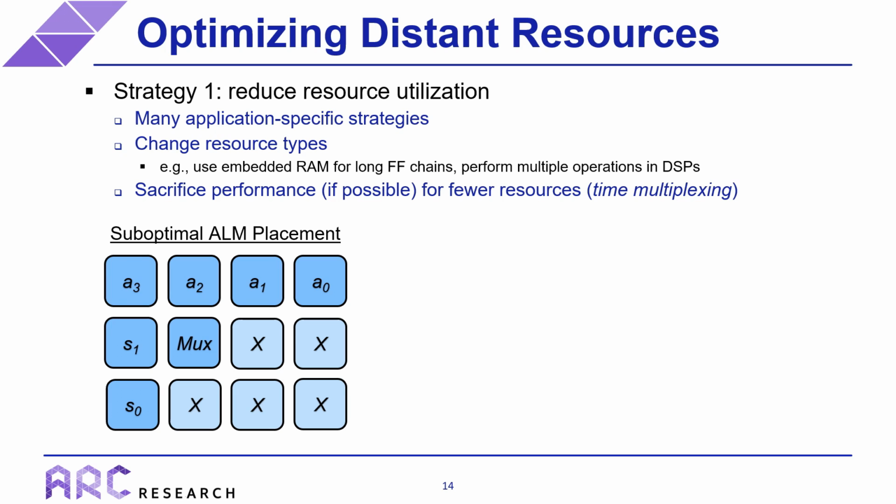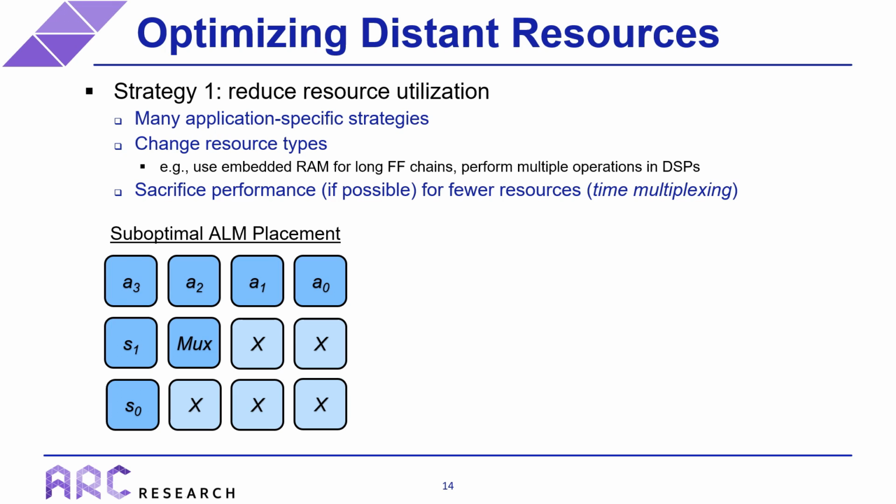First, one application-independent option is to try to change resource types to reduce the number of a particular resource that is causing the bottleneck. For example, delaying a signal by many cycles could use a huge number of flip-flop resources, but you could also implement that delay in any type of embedded memory.